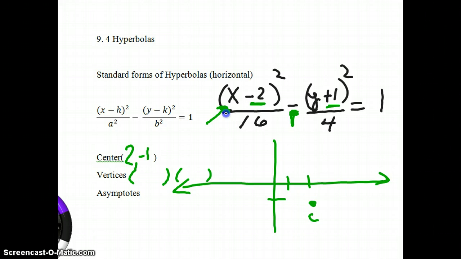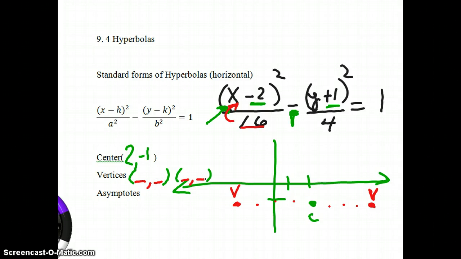So how much am I going to move? Again, the square root of 16 is 4. So I'm going to move 4 to the left and 4 to the right. And if I ask you to label the vertices, label those points.